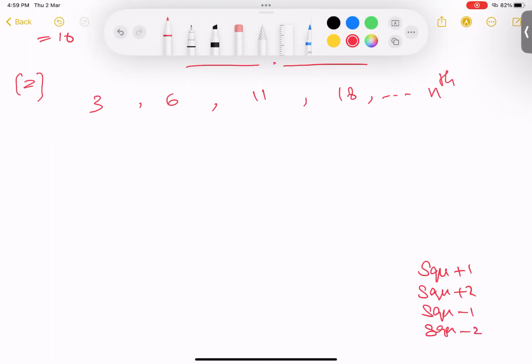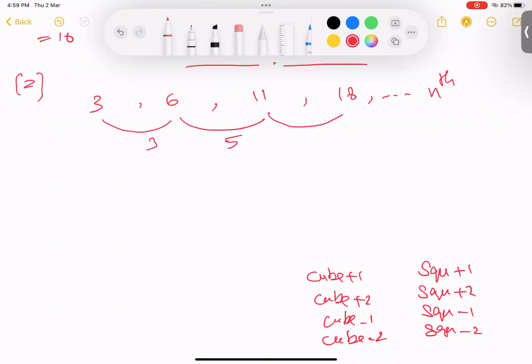And sometimes the cube also happens. Cube means cube of any number plus 1, cube of any number plus 2, cube of any number minus 1, and cube of any number minus 2. So I'm going to show you now. Get ready.